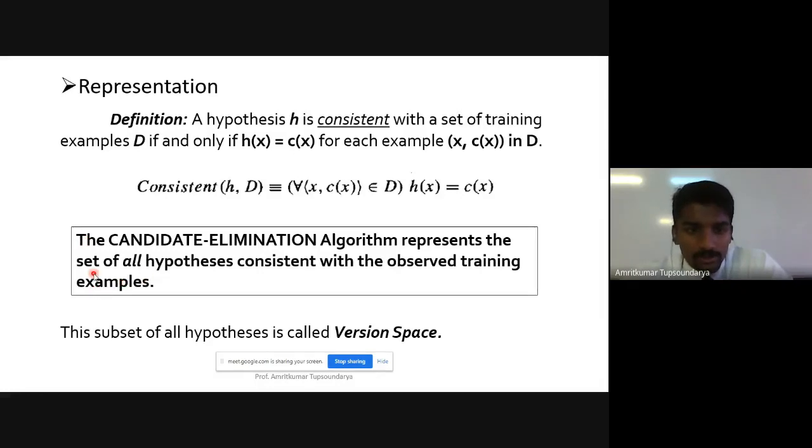So the set of hypotheses we get from the candidate elimination algorithm is the actual version space that we define, right? This is the subset of all the hypotheses.